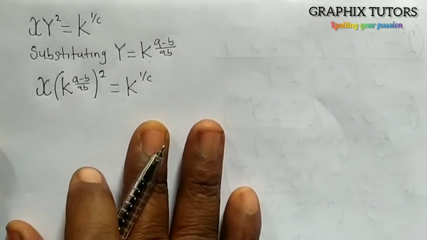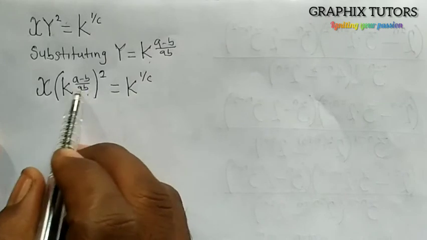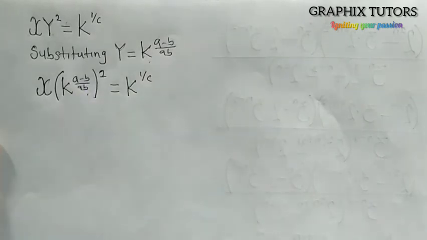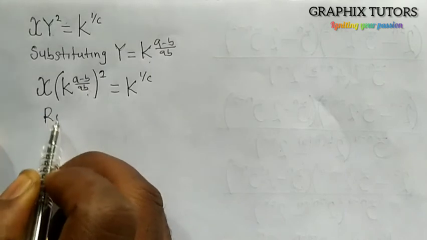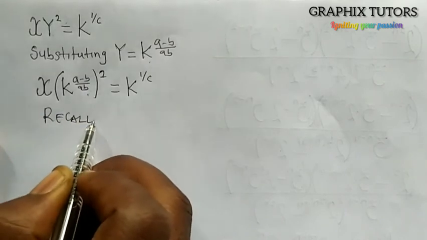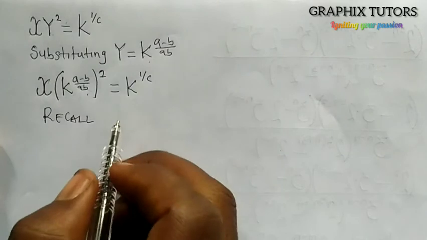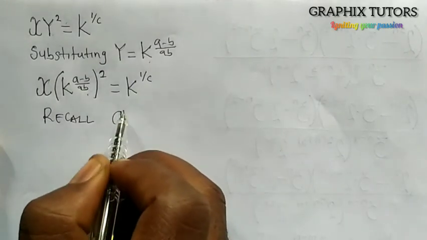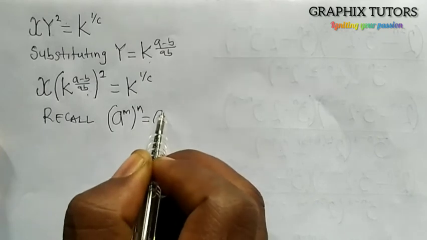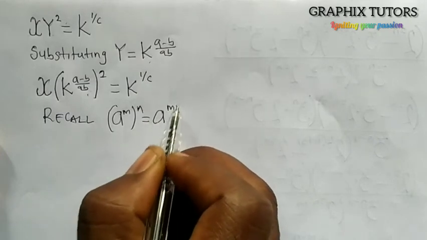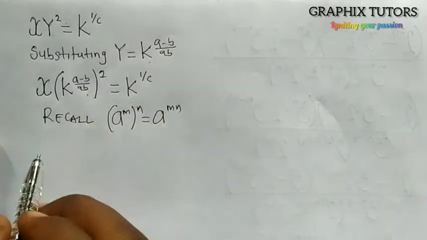Now we move forward. So from here, you are going to expand that. There's a rule. Recall, if you have a to the power of m, to the power of n, it gives you a to the power of mn. So this will multiply this.